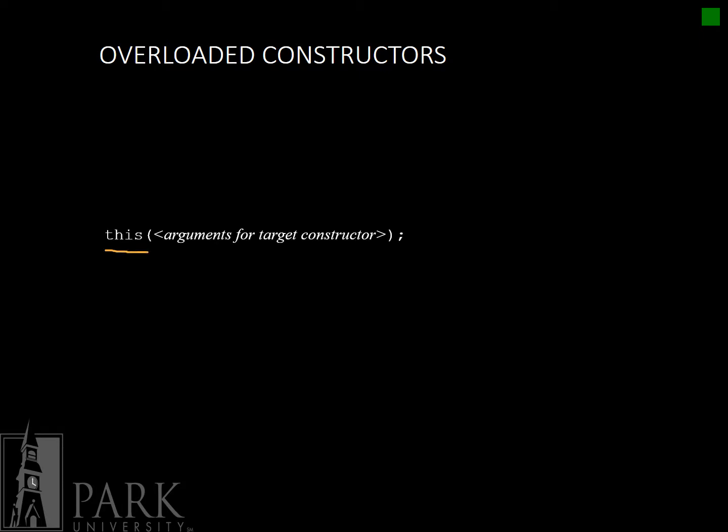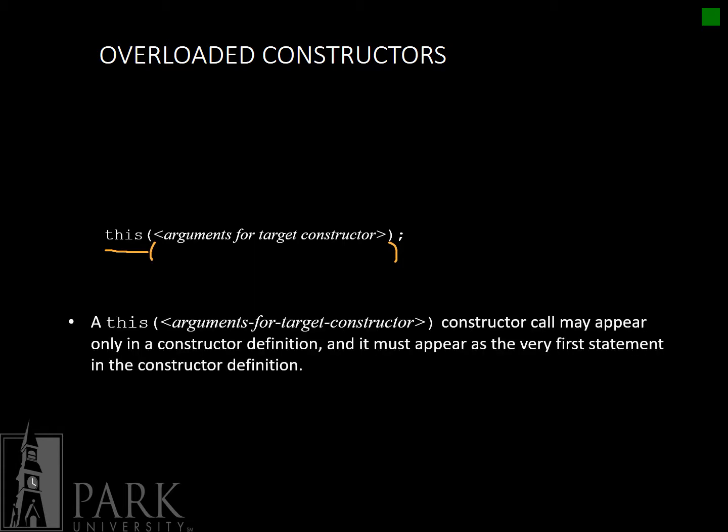You use the keyword this, followed by parentheses, and then whatever arguments for the constructor that you want to call. A call to another constructor may appear only in a constructor's definition, and it must appear as the very first statement in the constructor's definition. You can see another example of this on the next slide.